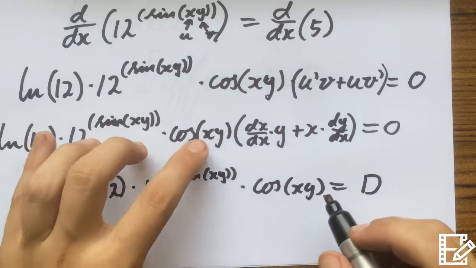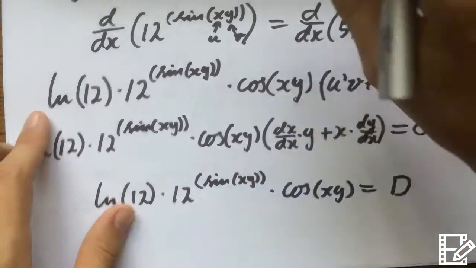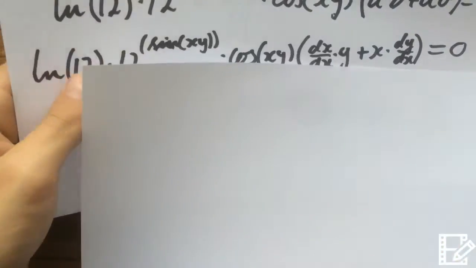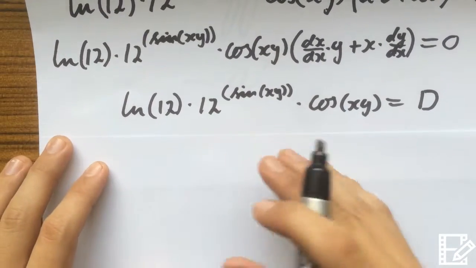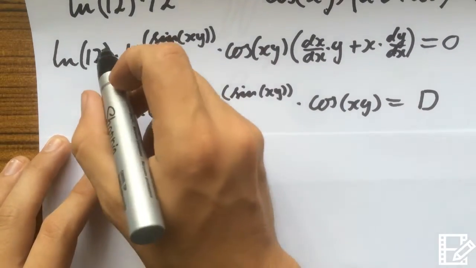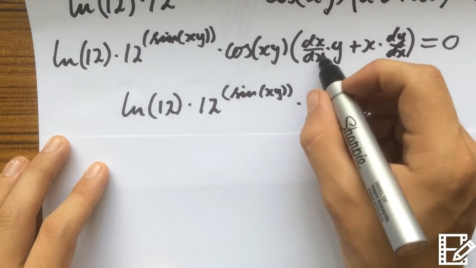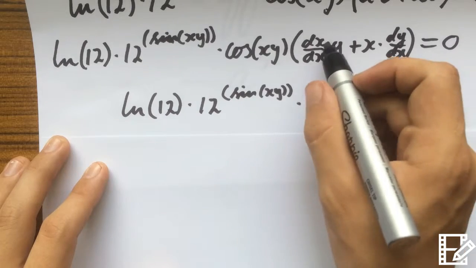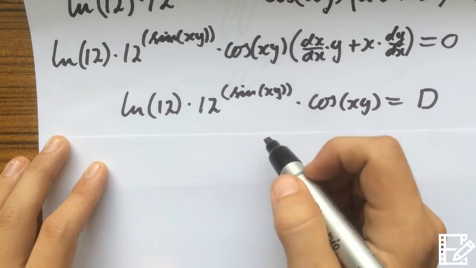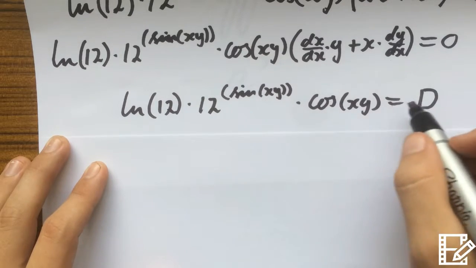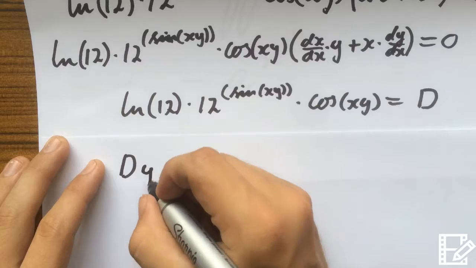So wherever I have this, I have a d. That's only because there's going to be a lot of shifting around and we want to make it short. So we'll say all this multiplied by dx over dx, which is 1. So y multiplied by 1 is y. So it's going to be all this multiplied by y, or all this equals d, therefore d multiplied by y.